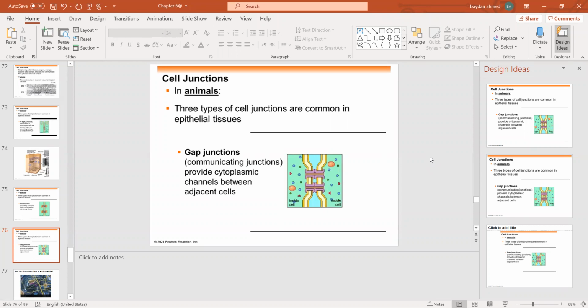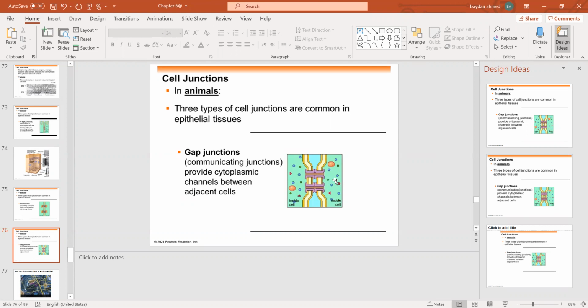The last type of cell junction is the gap junction, also called communicating junction, which provides cytoplasmic channels from one cell to an adjacent cell, and in this way is similar in function to the plasmodesmata in plant cells. A gap junction consists of membrane proteins extending from the membranes of the two cells.